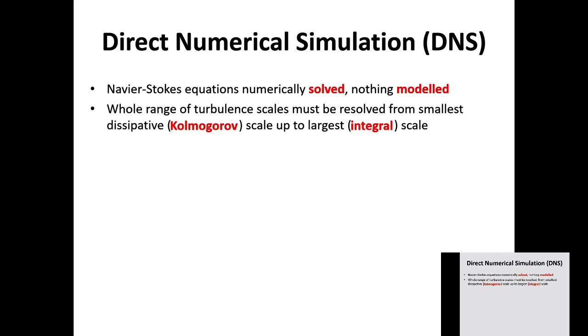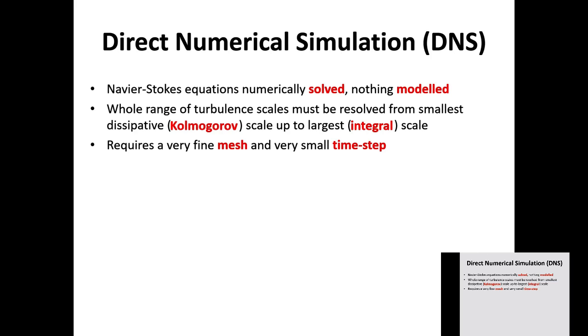And the whole range of turbulence scales must be resolved, from the smallest, the Kolmogorov scale, to the largest scale. And to accompany this, you need a very fine mesh. Your mesh should be much smaller than the Kolmogorov scale.